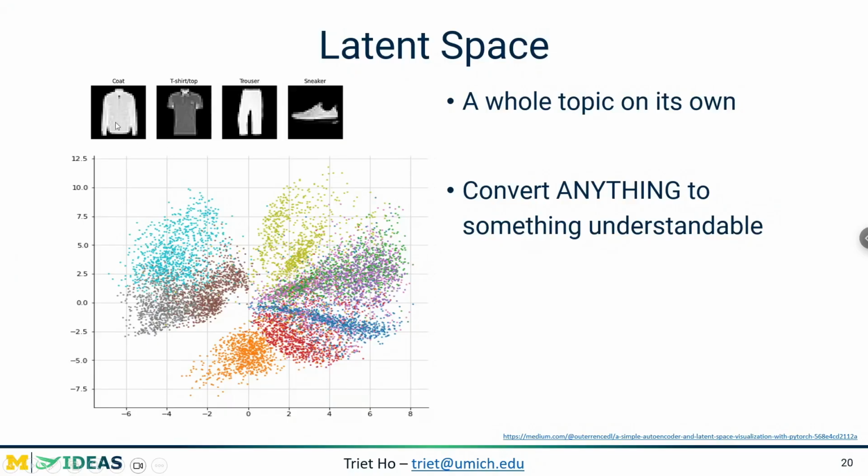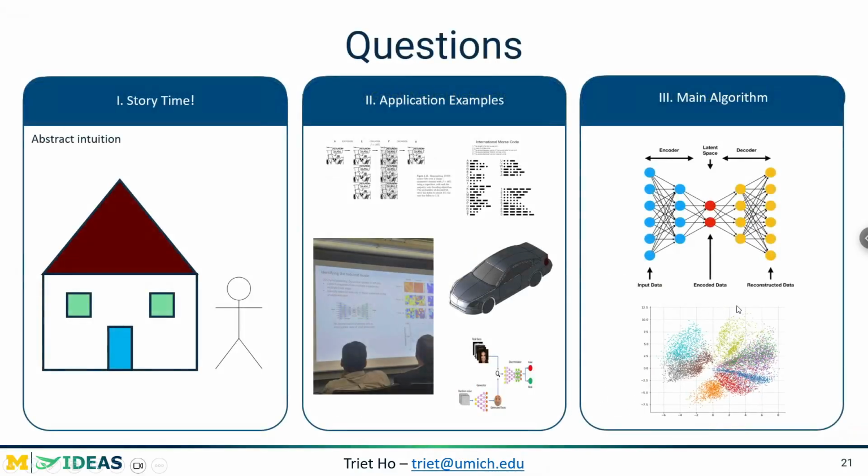But the main idea is you can have any object, comprehensible or incomprehensible or semi-comprehensible, comprehensible in some ways but not others, and convert it to the latent space, which is something somewhat understandable. We can see trends in latent space, right? There are a lot of things we can do with latent space, which you'll see in the next lecture. Okay, and that's the end of this lecture on autoencoders. Thank you for listening.